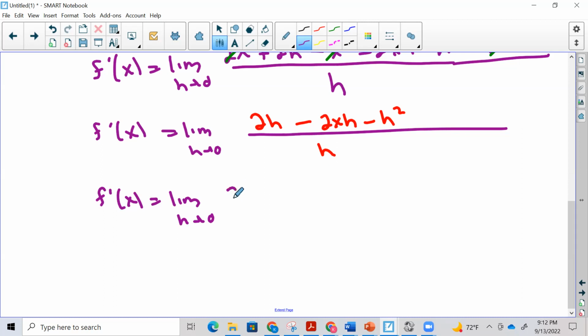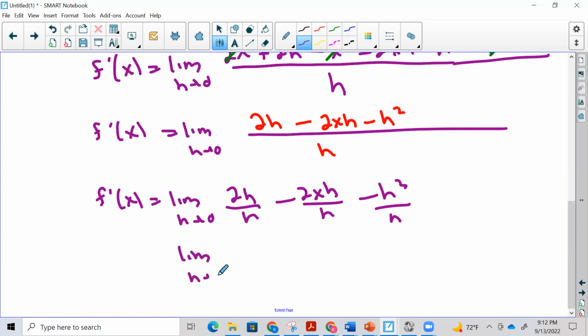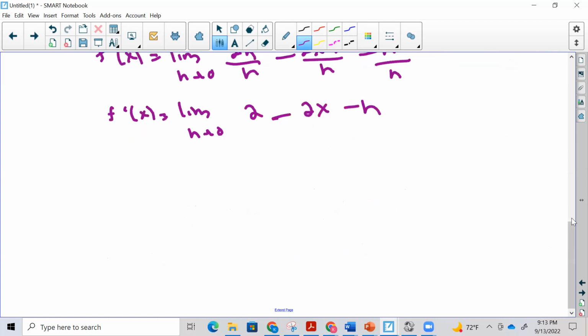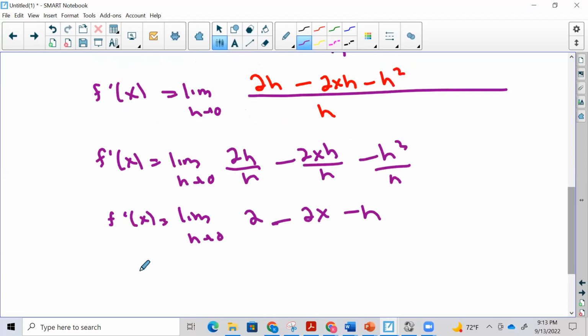Then I can divide each term in the numerator by the h in the denominator, since all of them are over h. That gives me 2 minus 2x minus h. Now that we finally got the h out of the denominator, we no longer have that 0 in the denominator, which causes a problem. We can actually take the limit.